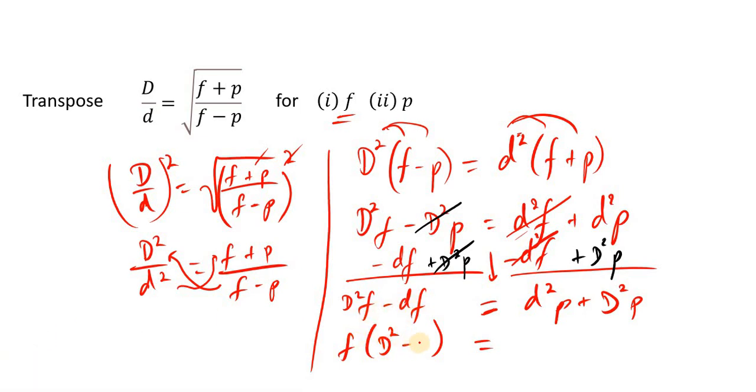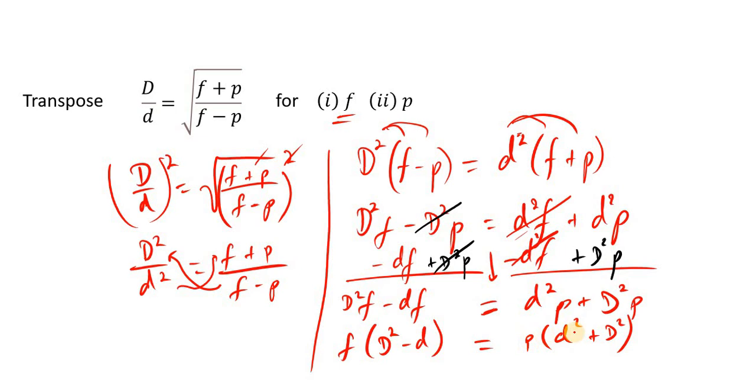By factoring f, we're going to have a capital D here. And now we can actually factor out p just to make it look a little decent. We don't necessarily need to do that, but by practice we tend to factorize once we can to make things simpler, so in case we have to substitute, we don't have to substitute so many times. All right, so we're going to have d squared plus the capital D squared there.